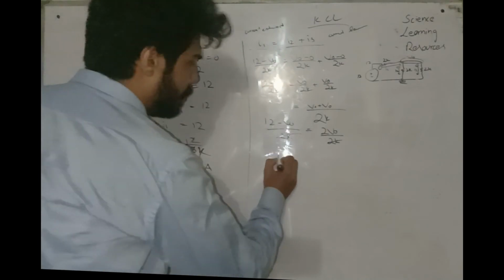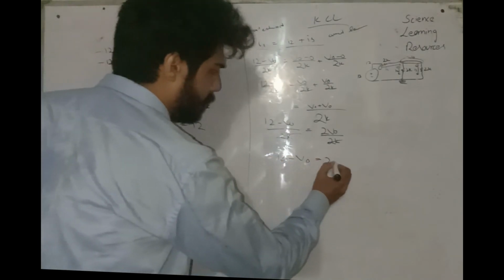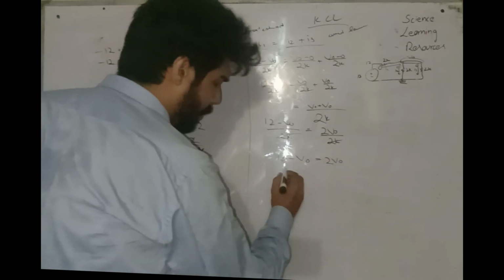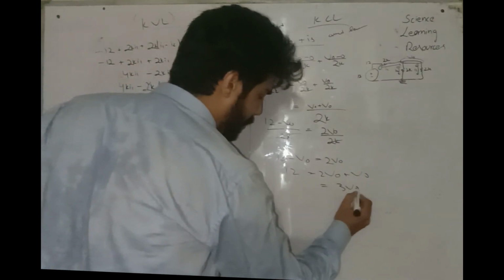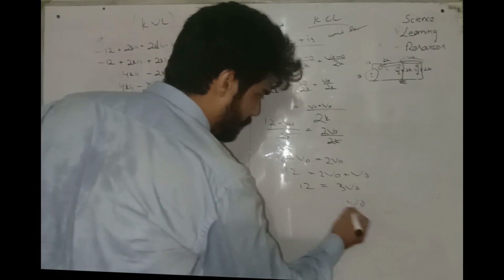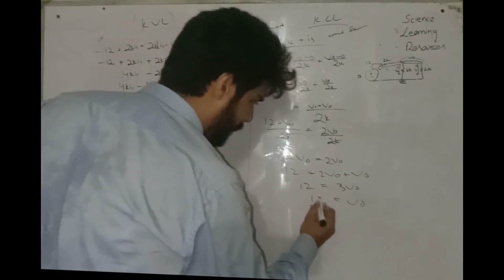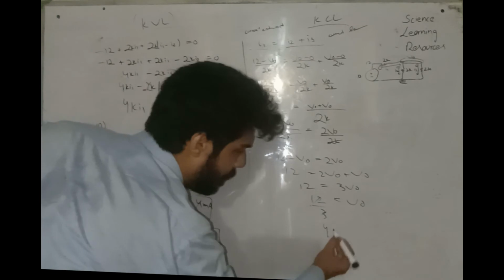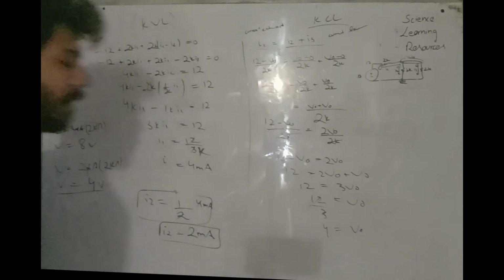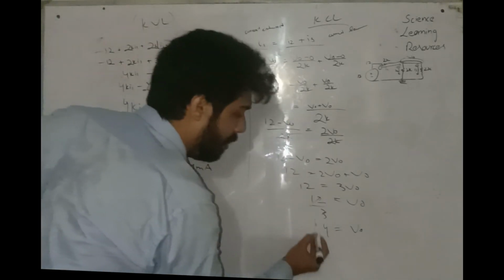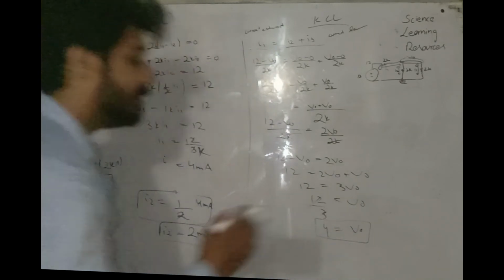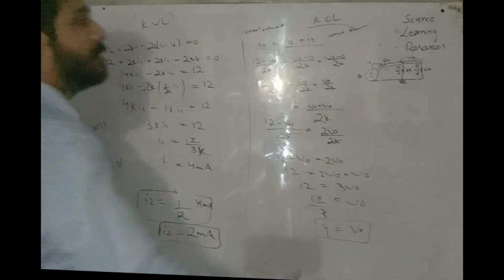So I'm left with 12 minus V0 equals V0, and this V0 will move over, so V0 plus V0 plus V0, 3V0 equals 12, then V0 is equal to 12 over 3, which is 4. So I told you previously that the voltage here will be 4 volts, and by applying KCL again I came to know that my answer is 4 volts at this point.